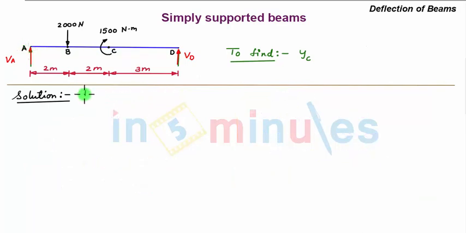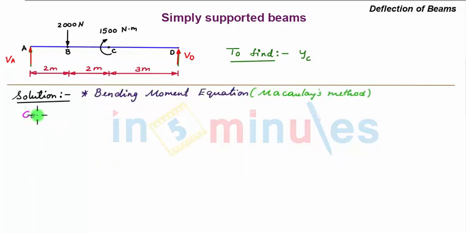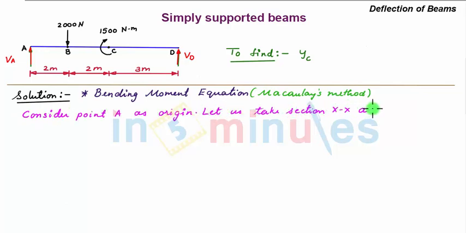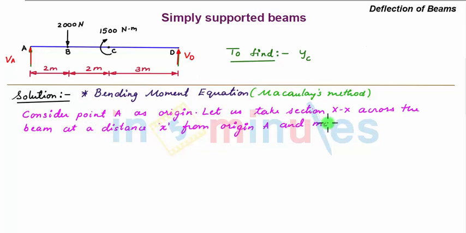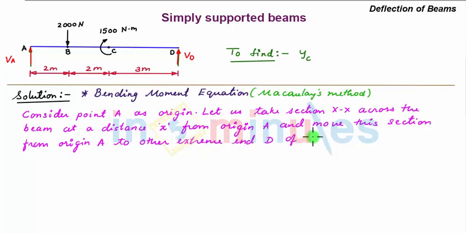Our next step is to write the bending moment equation using Macaulay's method. Consider point A as origin. Let us take a section XX across the beam at a distance x from origin A and move this section from origin A to the other extreme end D of the beam.